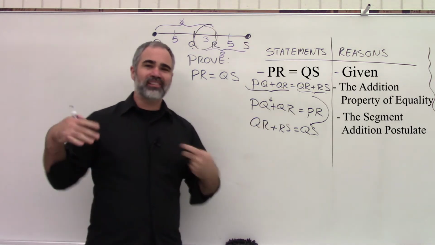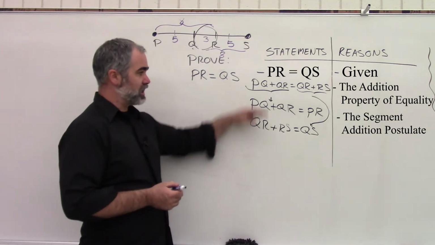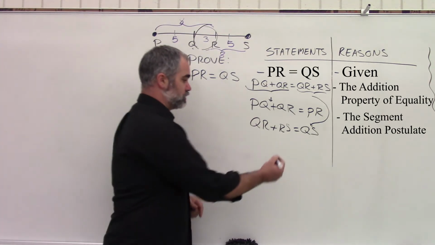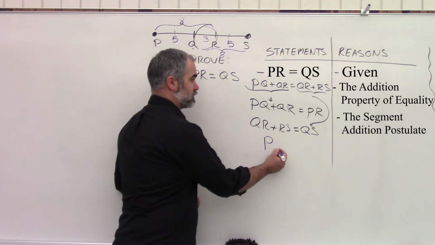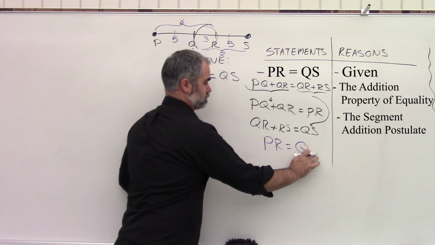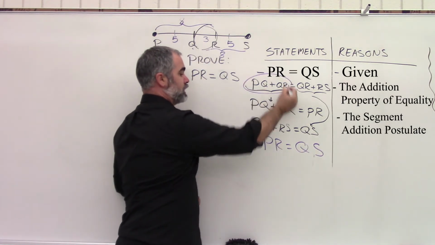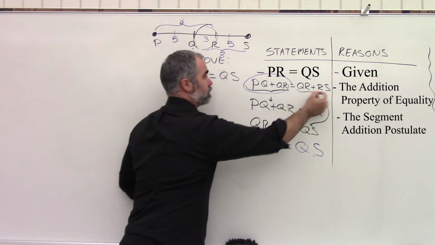But since I'm doing a lot of substitution all at once, you can choose to do one at a time if you like, or you can simply choose to do one big substitution with lots of stuff at once. You can substitute in PR for this whole thing, and you can sub in QS for this whole thing.